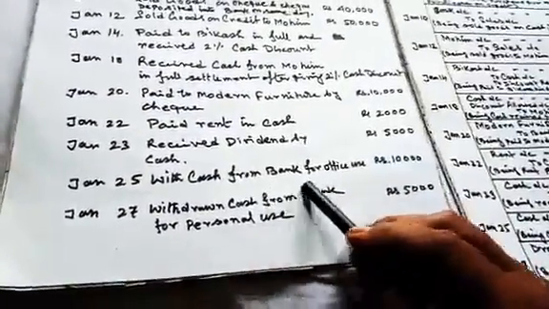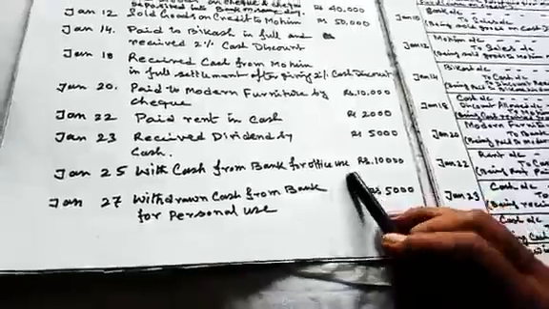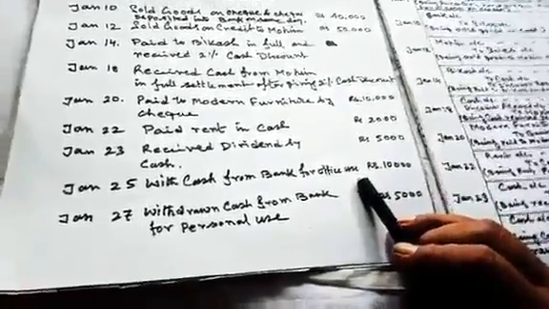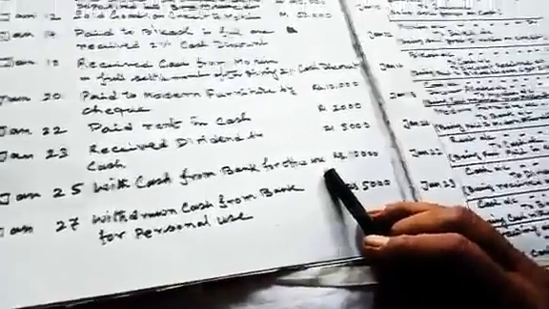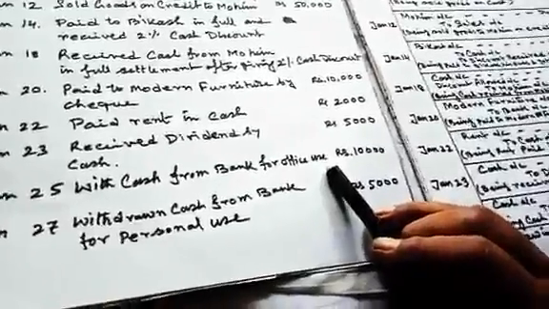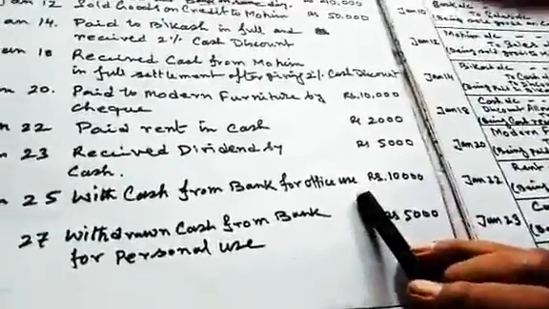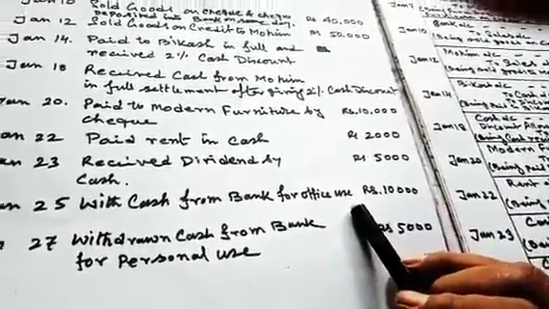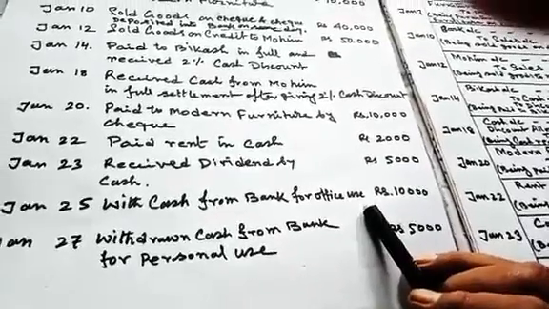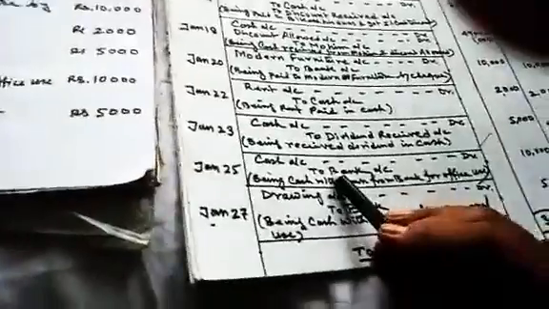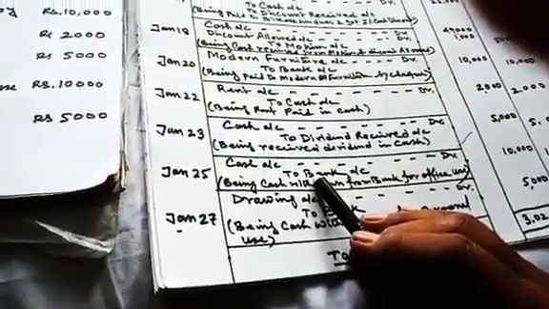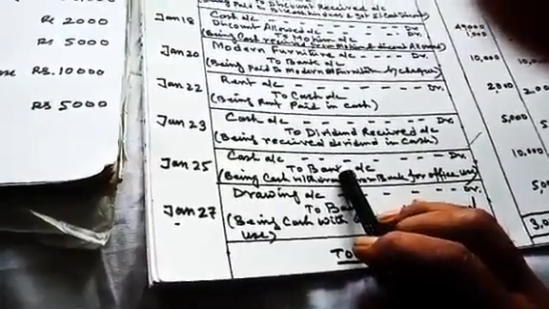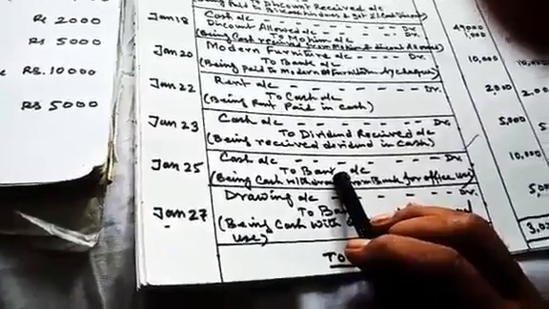Now go to transaction number 25. Withdraw cash from bank for office use. Withdrawn cash from bank has affected two accounts. One is cash and the second is bank. So cash is coming to the business and your bank balance is going to reduce by that amount.